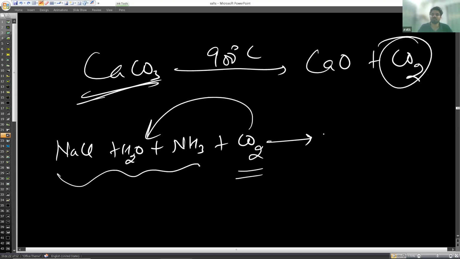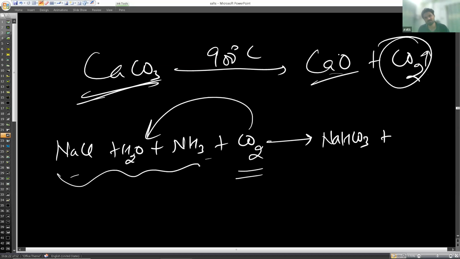What happens to the calcium? It becomes calcium oxide. We pass only the gas to this chamber, and calcium oxide remains at the bottom.